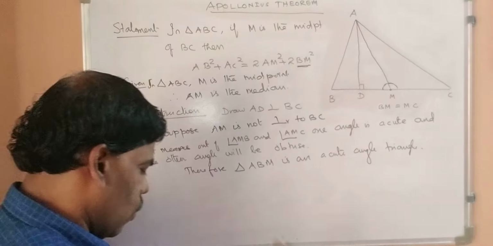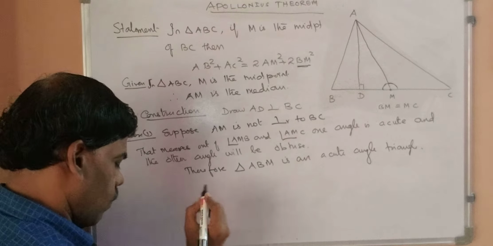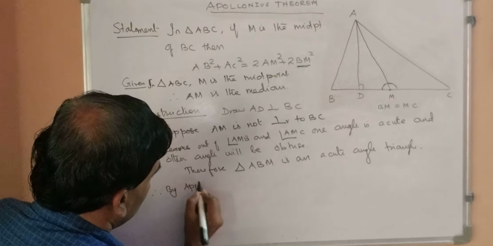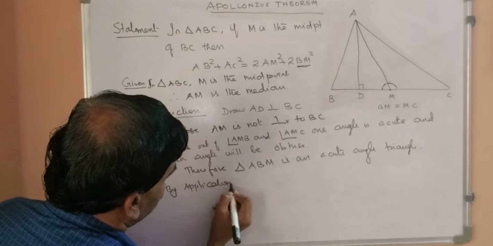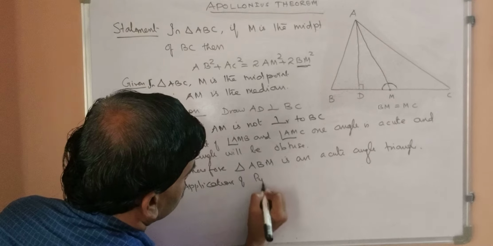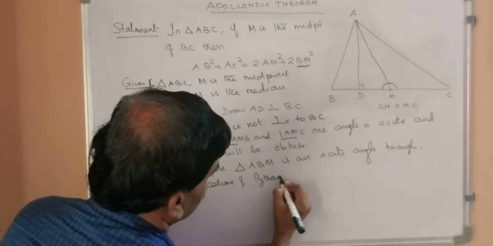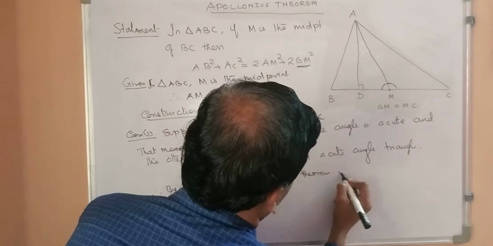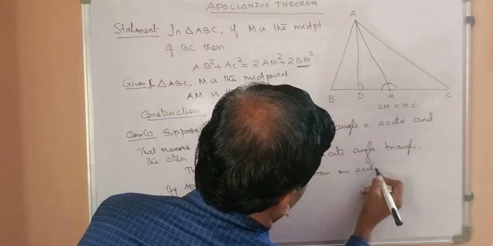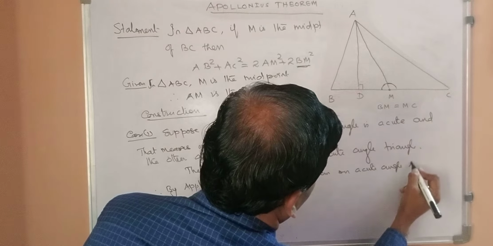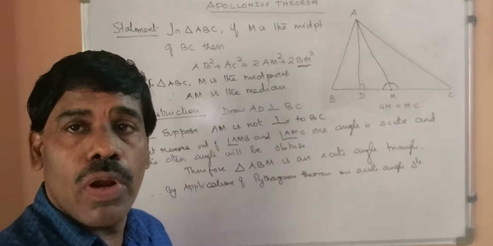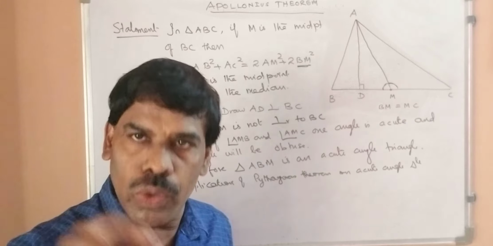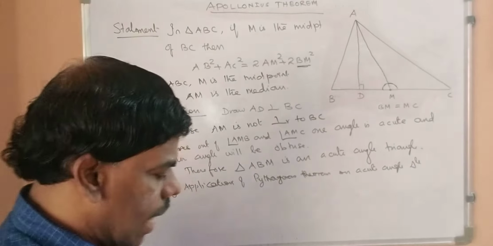Therefore, by application of Pythagoras theorem on acute angle triangle, see, if you are having acute angle triangle and if you want to apply Pythagoras theorem, that result will be like this.